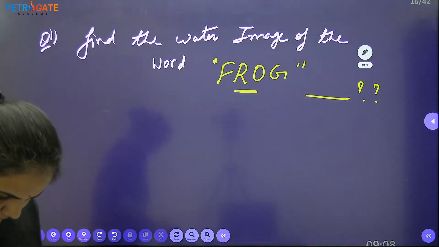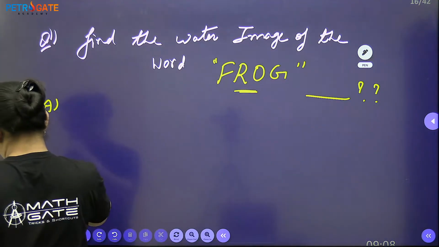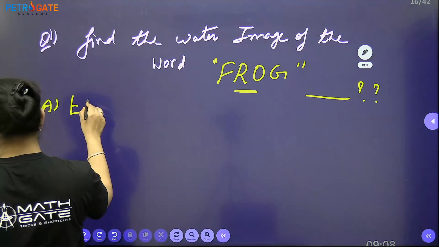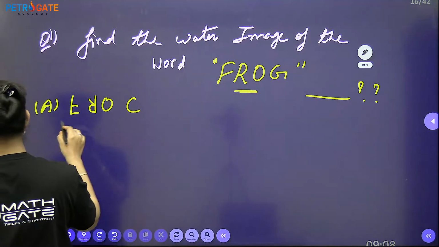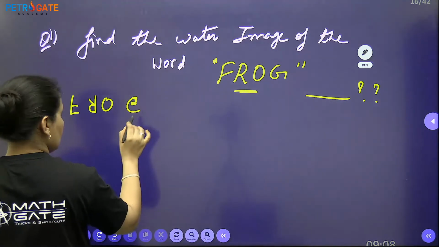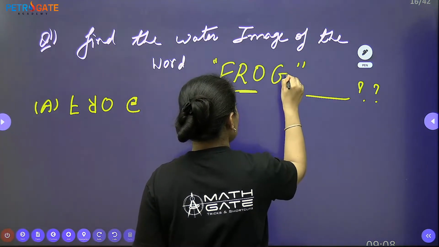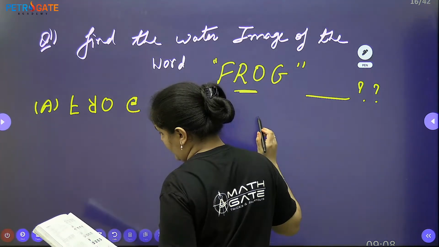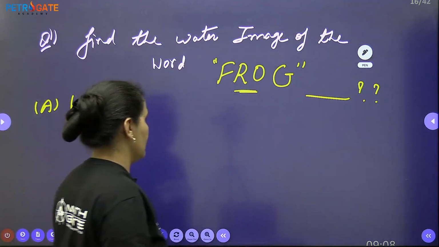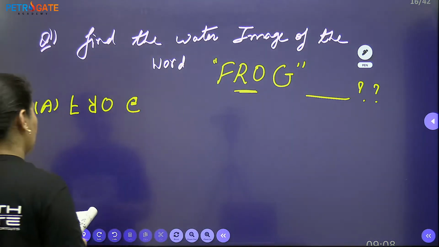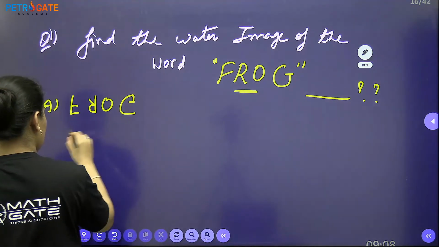Yes, here I am having options. So the first option is F R O, C. Is it C? Nah, it is G. Okay, G. I'm not able to make the G, so let me write like this. The G is looking like this only. So this one looks like this only.